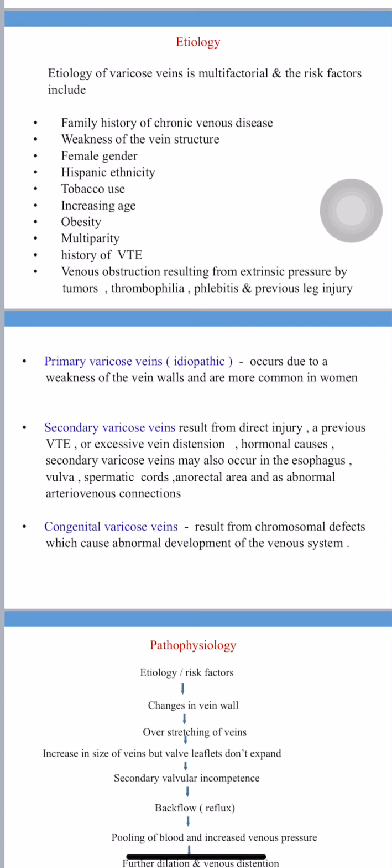Next is secondary varicose vein, which results from direct injury, a previous venous thromboembolism or excessive vein distension, hormonal causes, and secondary varicose veins also occur in the esophagus, vulva, spermatic cord, anorectal area, and abnormal arteriovenous connections. Next is congenital varicose vein. It results from chromosomal defects which cause abnormal development of the venous system.